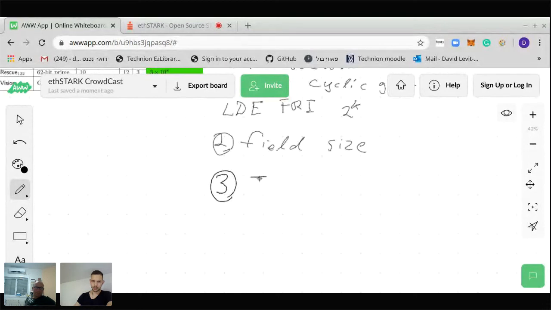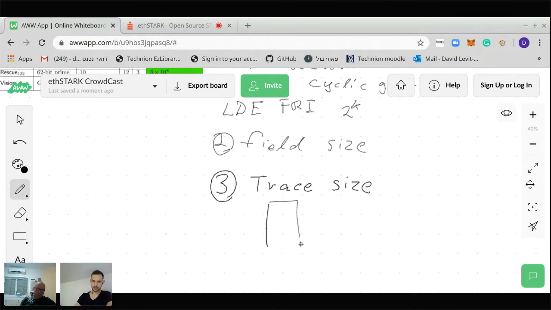the trace size. Okay, so now we actually get to the design of the hash function. What is the trace size? When we design an AIR for some hash function, we need to translate the computation to some two-dimensional table.